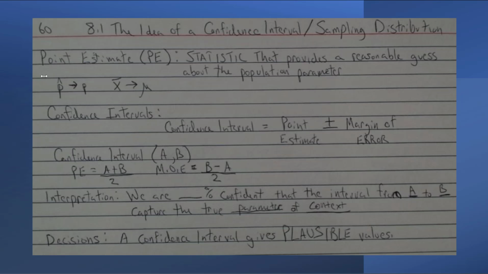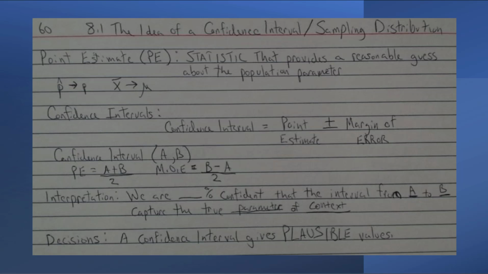So, again, we're looking at this point estimate as your statistic that provides a reasonable guess about the population parameter. Again, your confidence interval is your point estimate plus or minus the margin of error. And you can find your point estimate and your margin of error based off those two values if they just give you an interval from A to B. Those are the base equations that we went over.